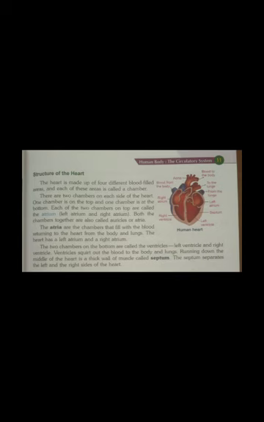Right, running down the middle of the heart is a thick wall of muscles called the septum. As we have just discussed, we have a left side of the heart and a right side of the heart, and these two are separated by a thick wall of muscle that is called the septum. That means the septum separates the left and the right side of the heart.